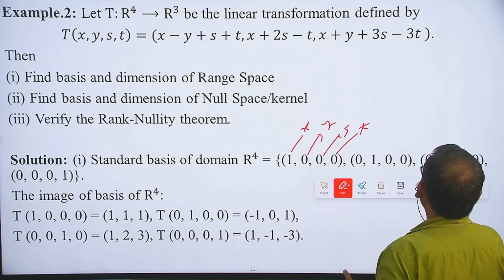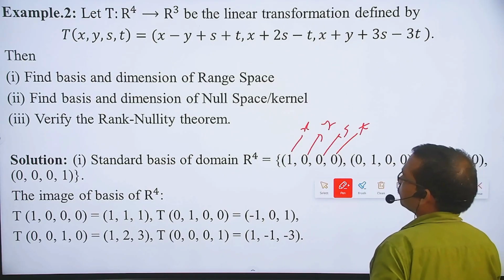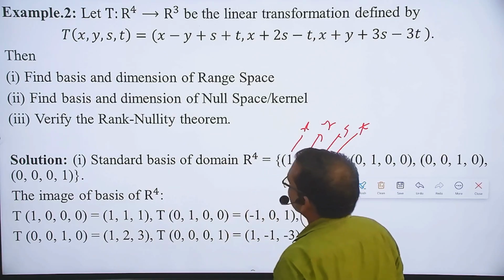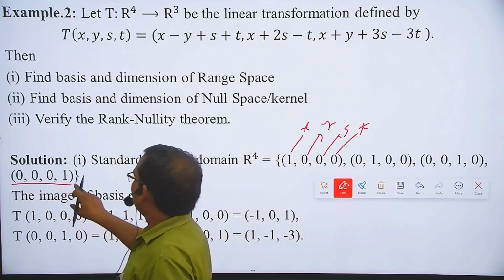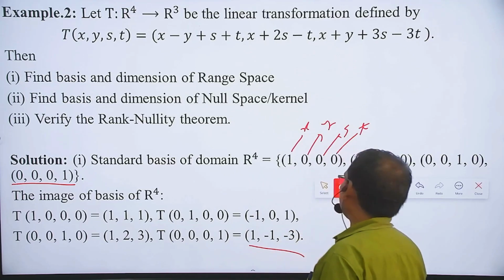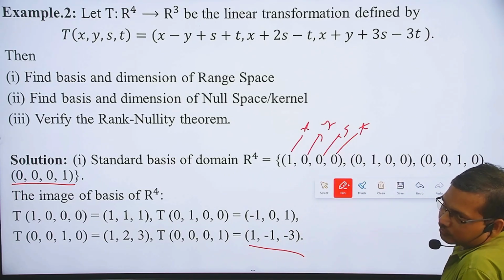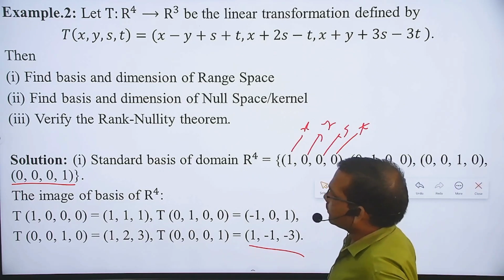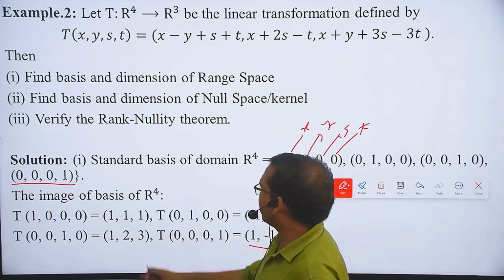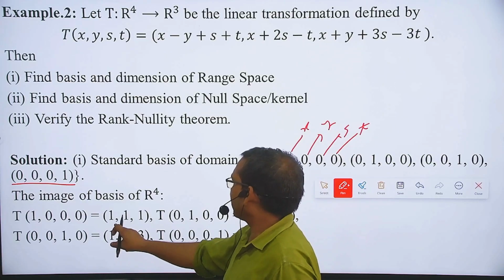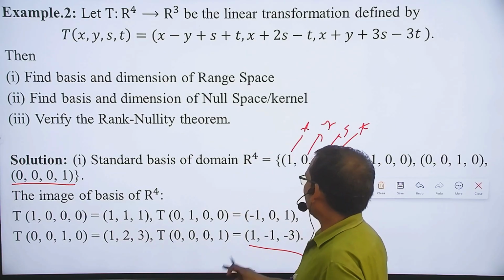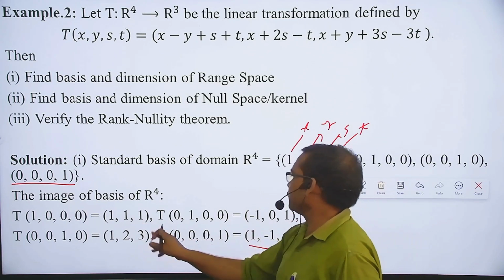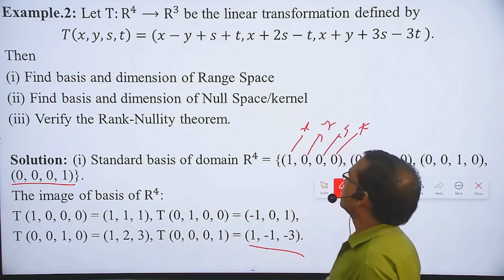When we put (0, 0, 1, 0), we get (1, 2, 3). And when we put (0, 0, 0, 1), we get (1, -1, -3). Finally, we get 4 vectors in the range space: (1, 1, 1), (-1, 0, 1), (1, 2, 3), and (1, -1, -3).